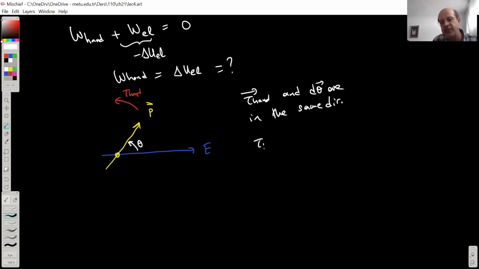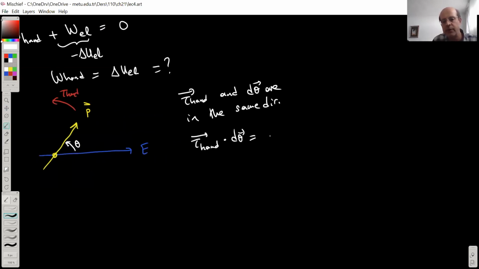That means their dot product, the torque dotted with d theta, is equal to the magnitude of the torque multiplied with the magnitude of the angular change multiplied with the cosine of the angle between them, and that's equal to +1, right?